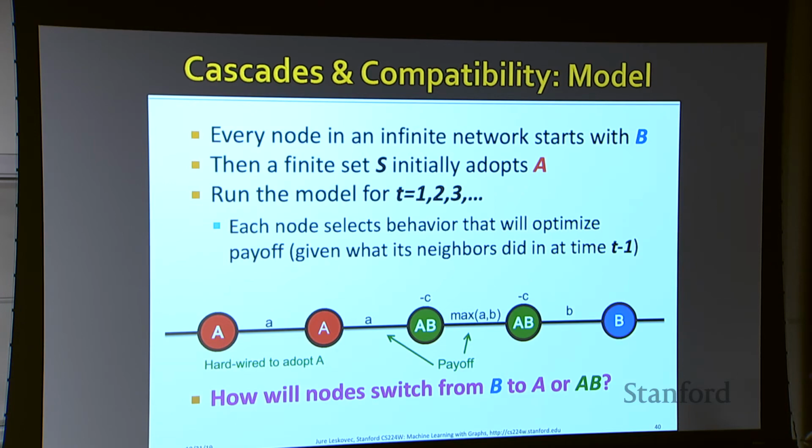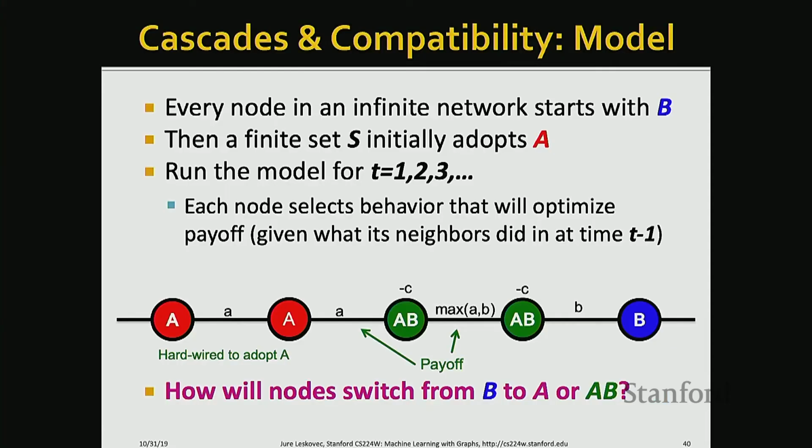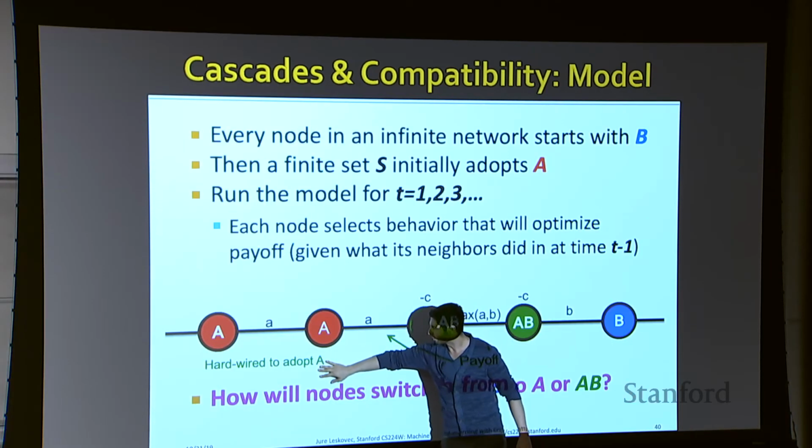All the examples that we're going to be seeing now are rather simplified, so we're just going to have these chain graphs. All nodes are connected with 2 neighbors on the side, and we have this infinite network which starts with B. You can think of everyone on my right side here as a B behavior. Then we have our set of hardcore A adopters, our fanboys.